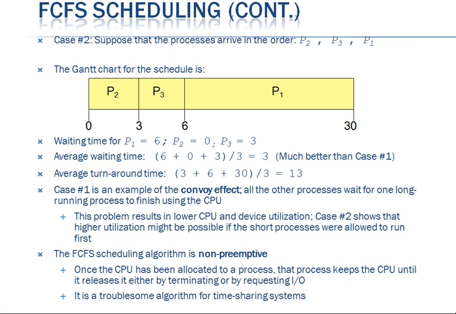It is a troublesome algorithm for time sharing systems. This algorithm is not suitable for time sharing systems because it is non-preemptive. Once you have allocated the CPU, the process will keep the CPU till its termination, which means you cannot forcefully take back the CPU from the allocated process.